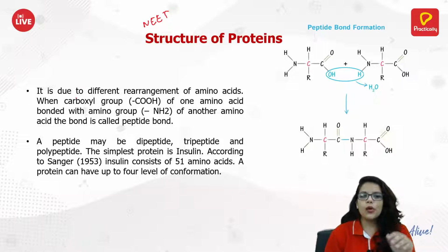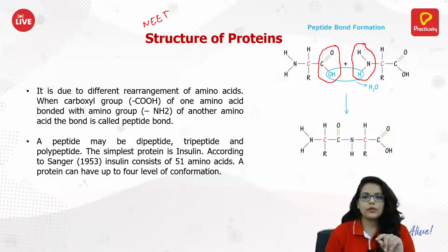So we know proteins are made up of amino acids. The carboxyl group of one amino acid, see, this is the carboxyl group of one amino acid, and there is the amine group of the other amino acid.